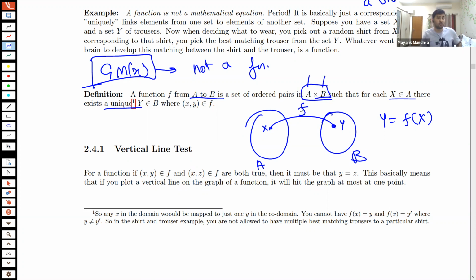Suppose I talk about the weight of a person. So weight is a function. It's not a fixed function, it changes. When lockdowns happen, it becomes an increasing function for everyone. Everybody's weight increases. So it's not a constant function.